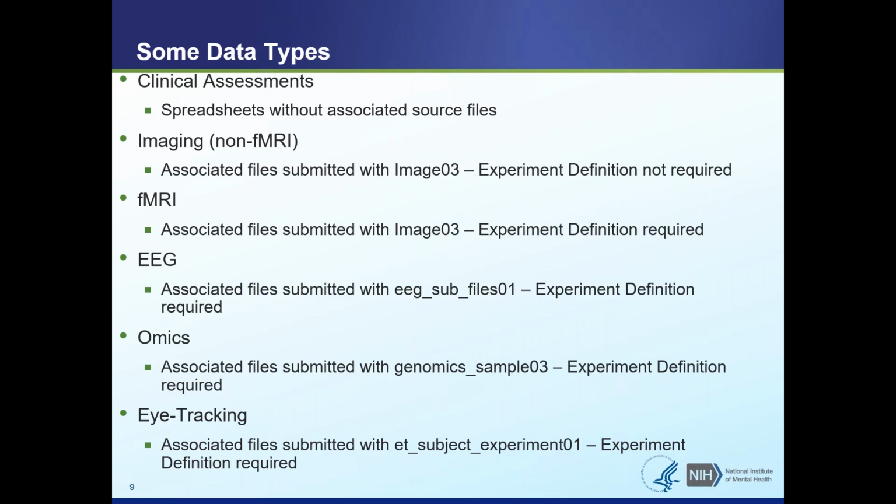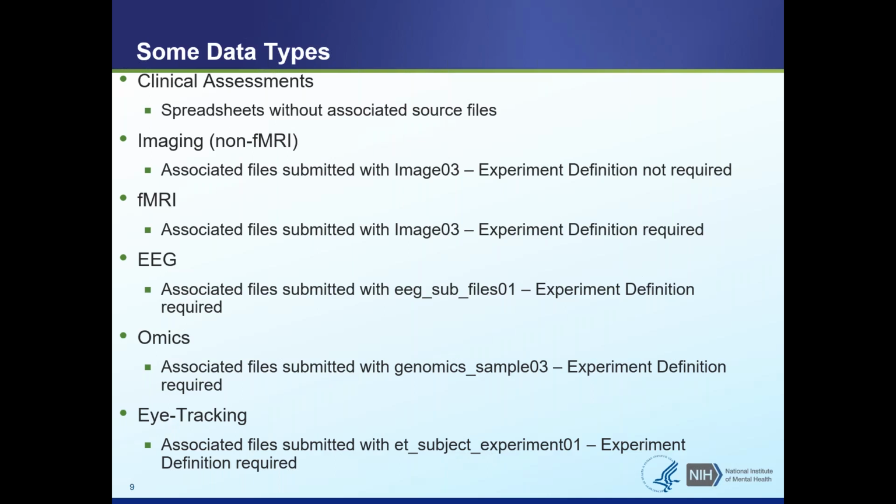Then we have imaging, non-functional imaging. These are a CSV spreadsheet. All the data will have an associated CSV spreadsheet, and this is the standard image 03 structure. And then it will have these associated files, the raw data files themselves, maybe a DICOM file for imaging.